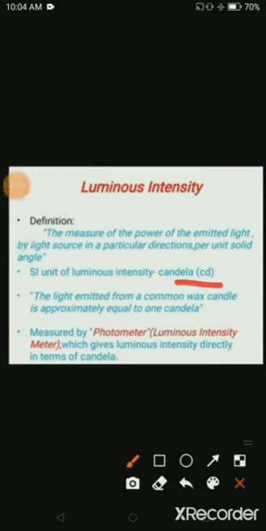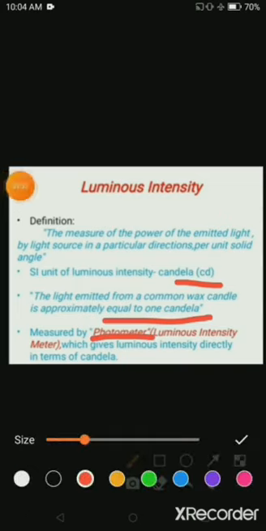The light emitted from a common wax candle is approximately equal to 1 candela. Luminous intensity is measured by the photometer, a luminous intensity meter, which gives the luminous intensity in terms of candela directly.